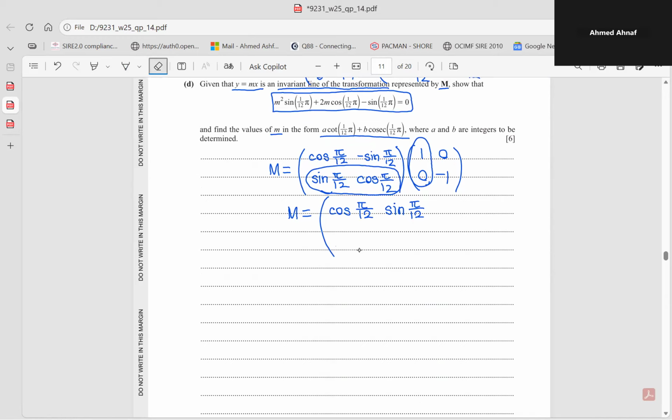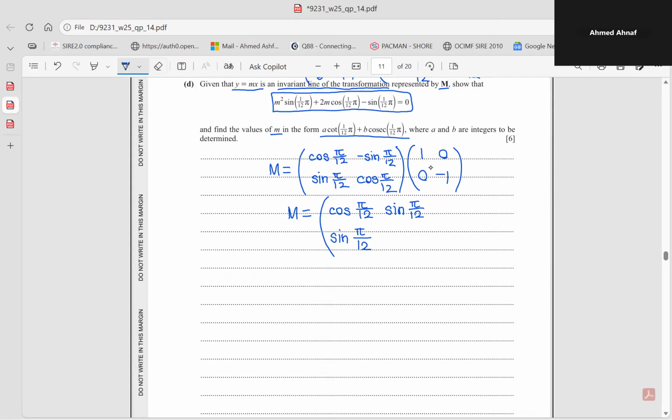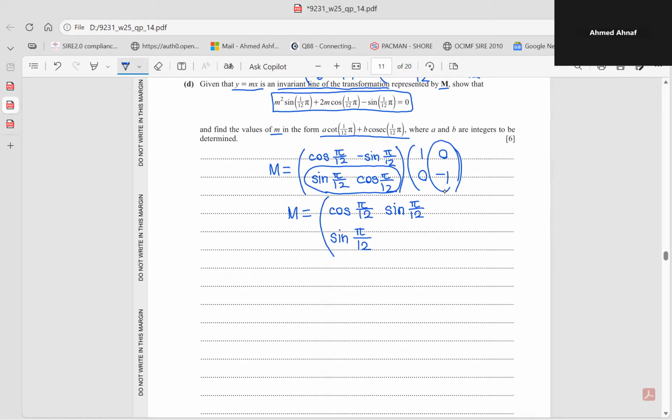So this is just sine pi over 12. And then finally, for the last one, at the bottom right-hand corner, you take this and multiply it with this, okay? So sine pi over 12 times 0, that's 0, plus cosine pi over 12 times -1, that's negative cosine pi over 12, okay?